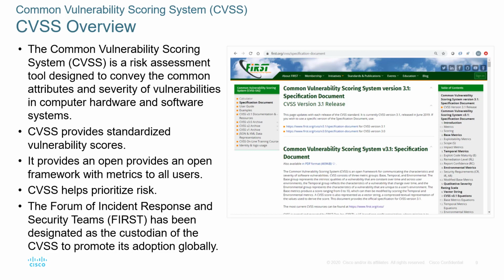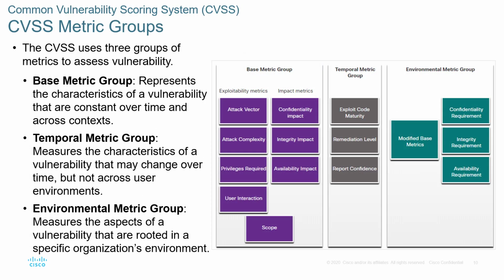Alright, going past that is our metric groups. How do we actually organize our groups? There are three main groups: the base metric, the temporal, and the environmental. The base metric represents the characteristics of vulnerabilities that are consistent over time.